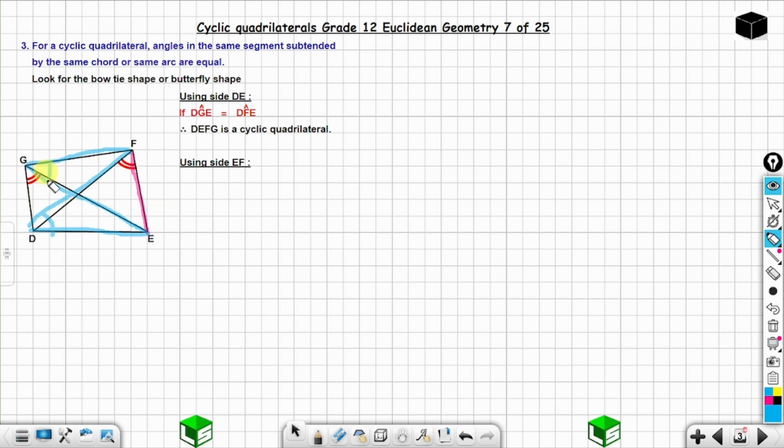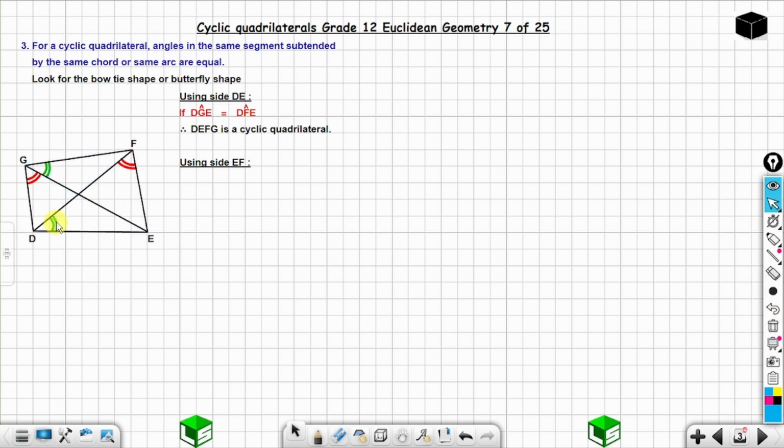You can see the two angles are subtended by the same side, the side EF, or the same chord. If you have a circle drawn around touching all four corners, this is going to be your chord.